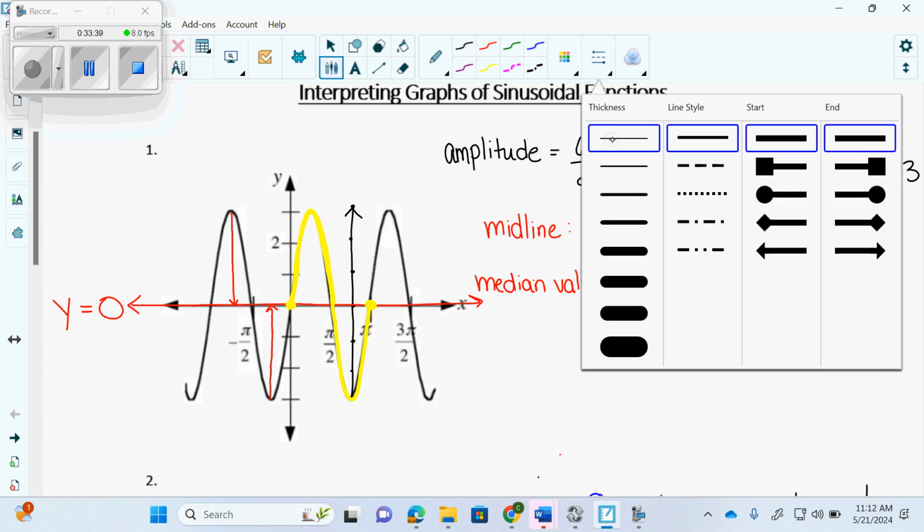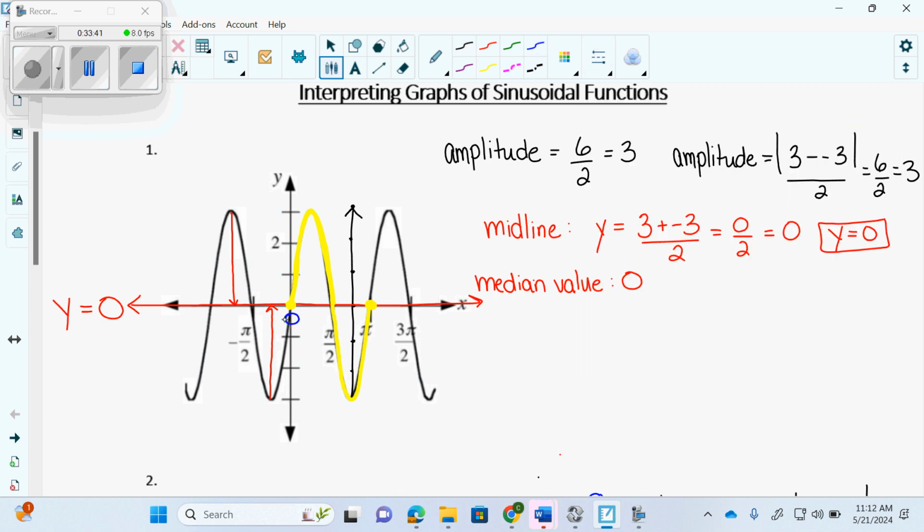So horizontally, that's from 0 to what they say is pi. So how far is it from 0 to pi? Not a trick question. Pi. That's it. So the period equals pi. Do we agree?